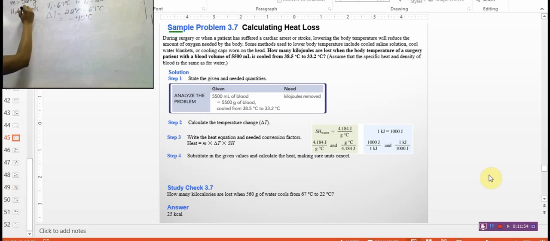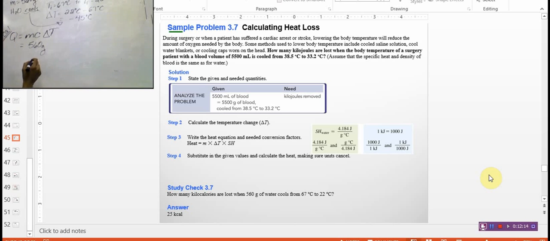It says that it's cooling, so we should have a negative delta T. So our heat is MC delta T. Mass is 560 grams. Oh, and this question is asking in kilocalories.